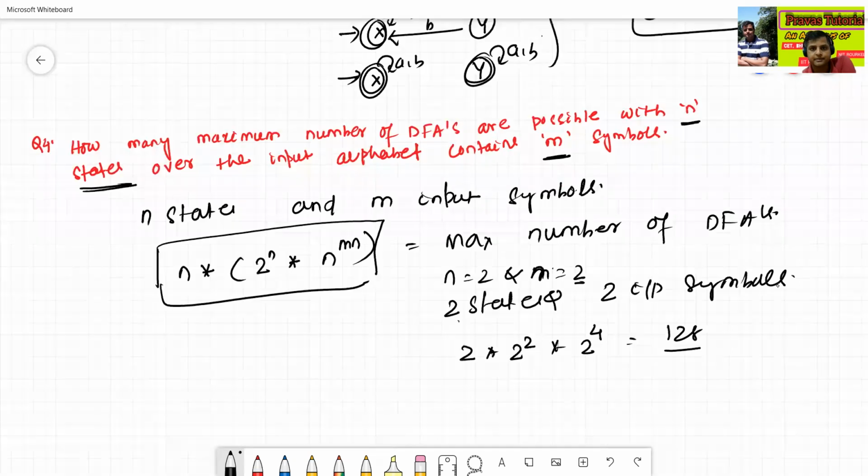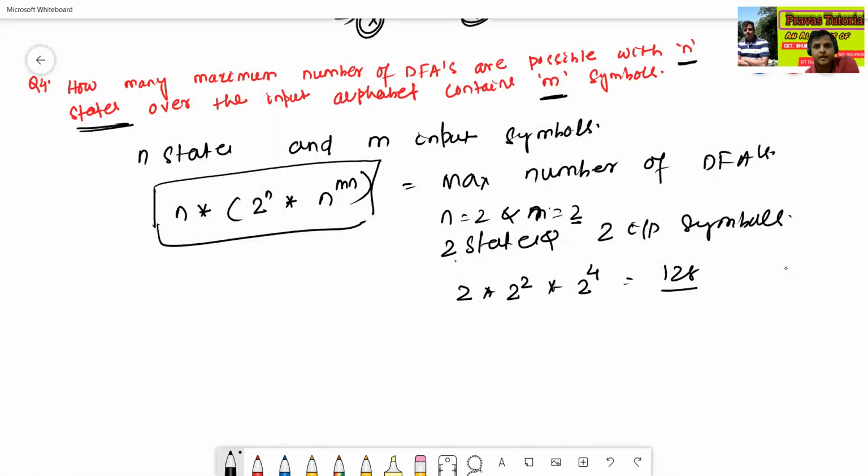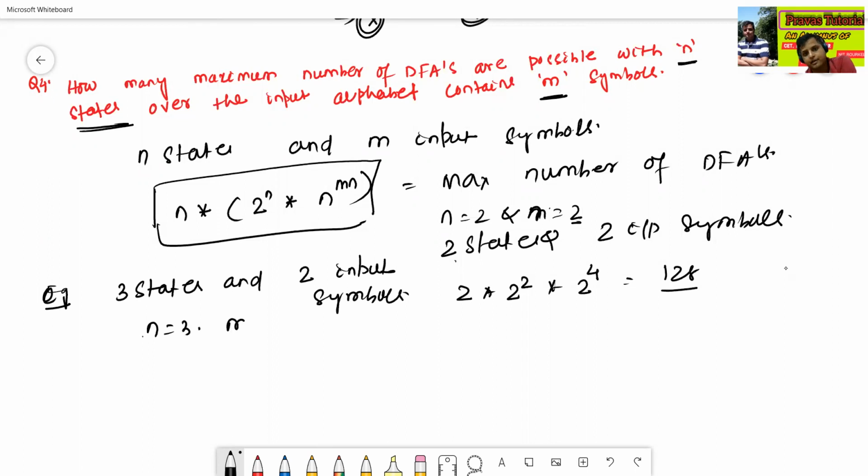Okay, similarly, one more example. If 3 states and 2 input symbols are there, how many maximum DFAs are possible? Here n equals 3, m equals 2.